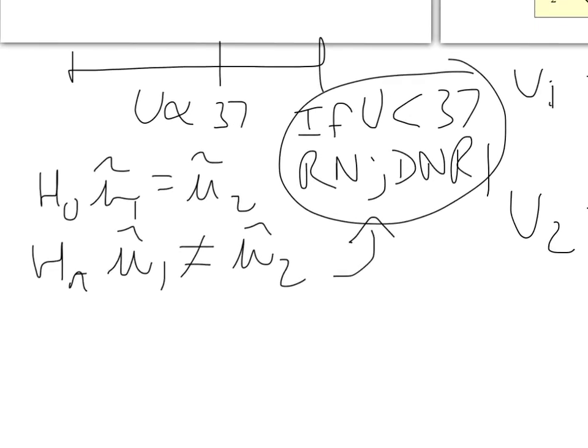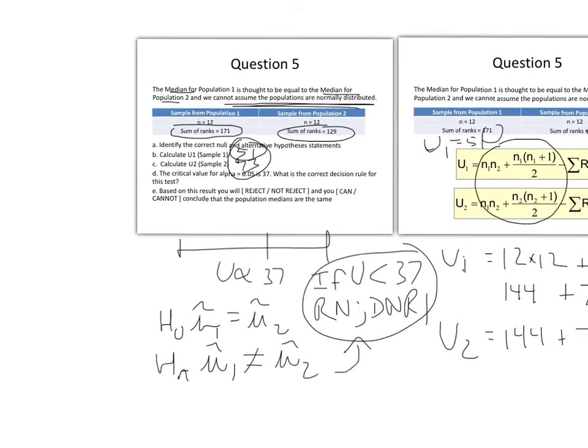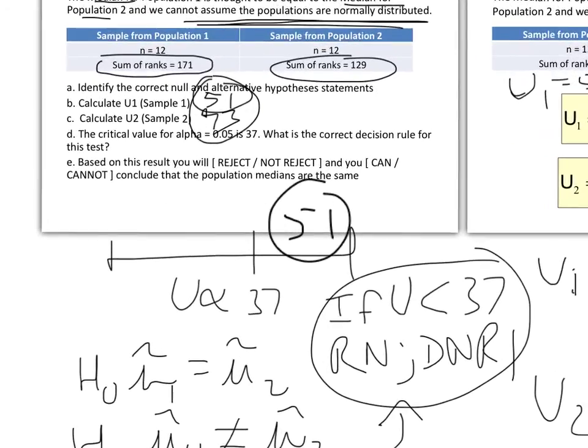So here 51 is greater than 37. Based on this result, we will not reject the null, and we can conclude that the medians for the two populations are the same.